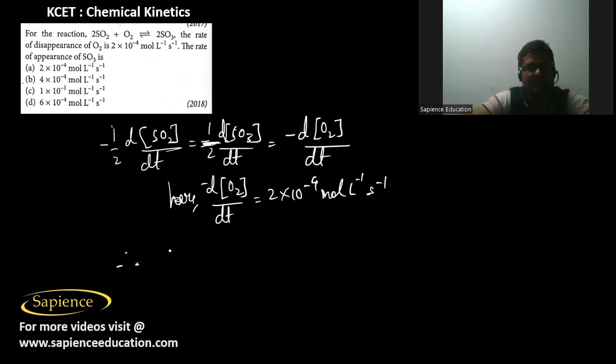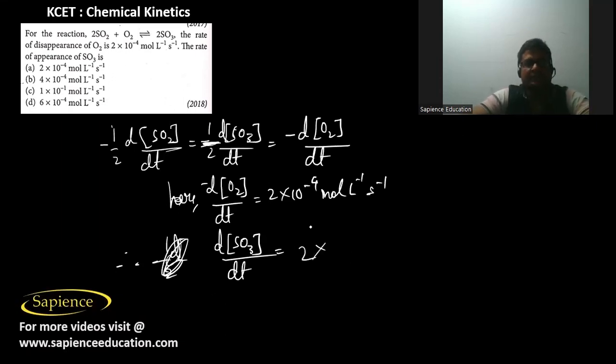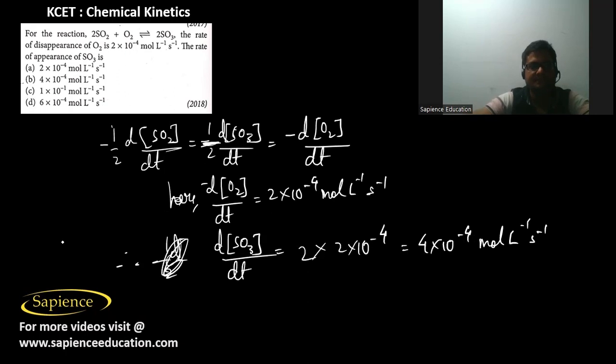So therefore, the rate of appearance of SO3, that is d[SO3] by dt, will be 2 into 2 into 10 power minus 4, that is equal to 4 into 10 power minus 4 mole per liter per second. So option B is the correct answer.